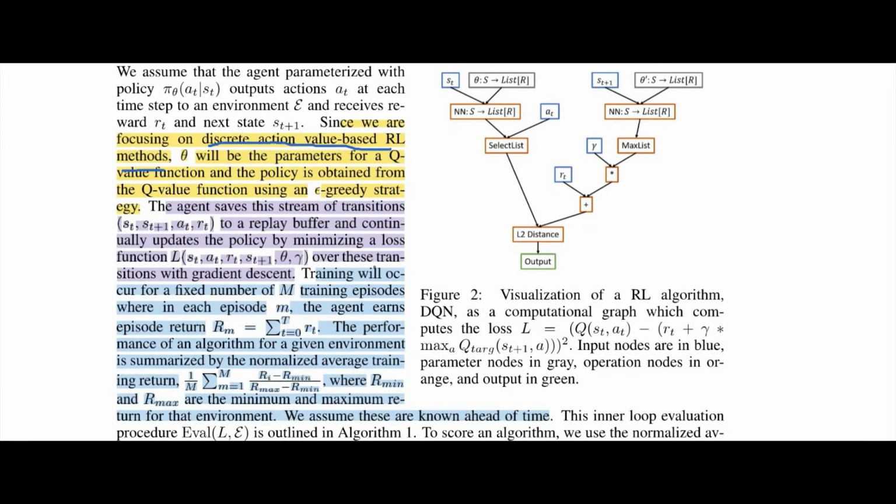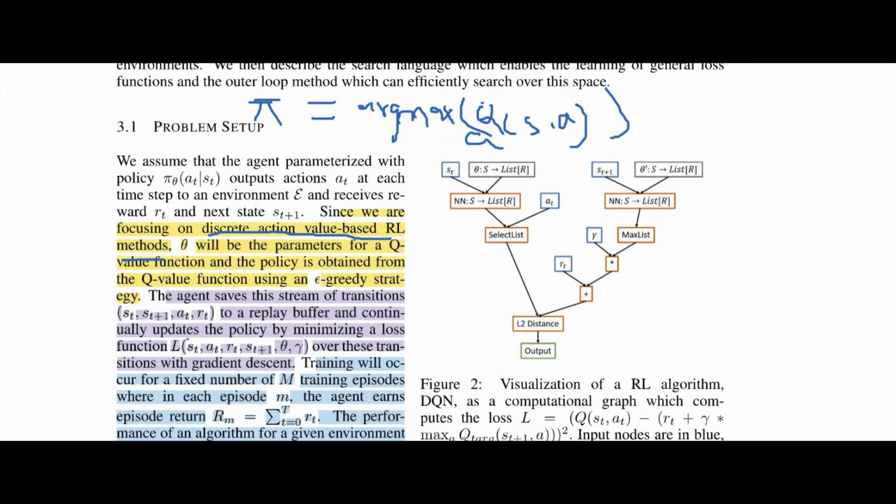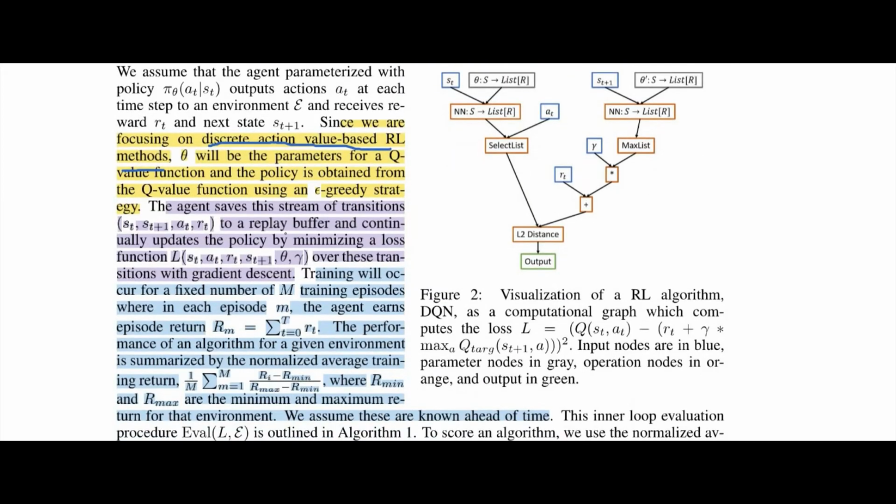Then they use a replay buffer. So basically the agent, while learning, saves the transitions it made in a replay buffer, which consists of state, next state, action, and reward tuples. Your goal is to basically update the policy such that you minimize the loss function on the transitions.